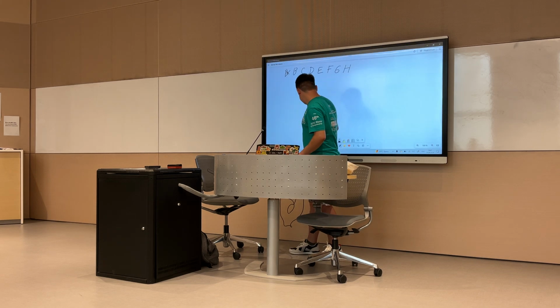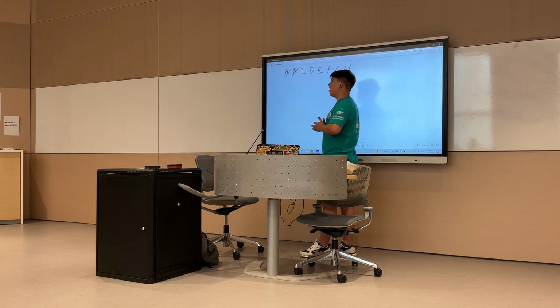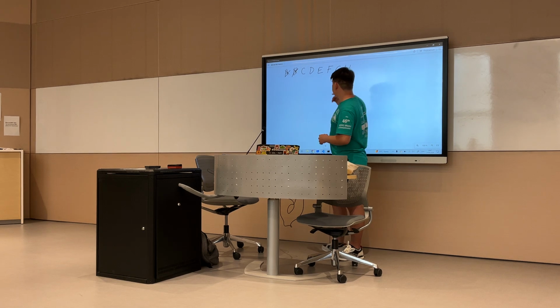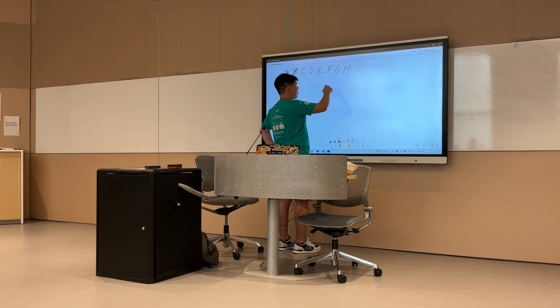Okay, let's go to problem C. Problem C was a harder version of problem B, where we need to find the number of paths that have distance between k1 and k2. We have two variables, k1 and k2.